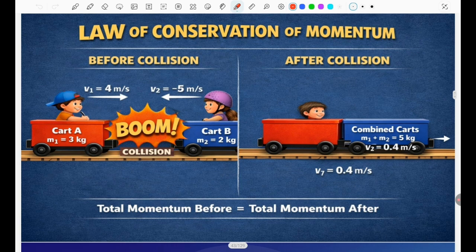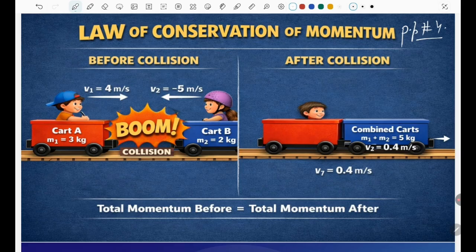So this is the law of conservation of momentum. As you all know, the momentum which we learned has some laws in it. If you see your data sheet, you get conservation of momentum as physics principle number 4.